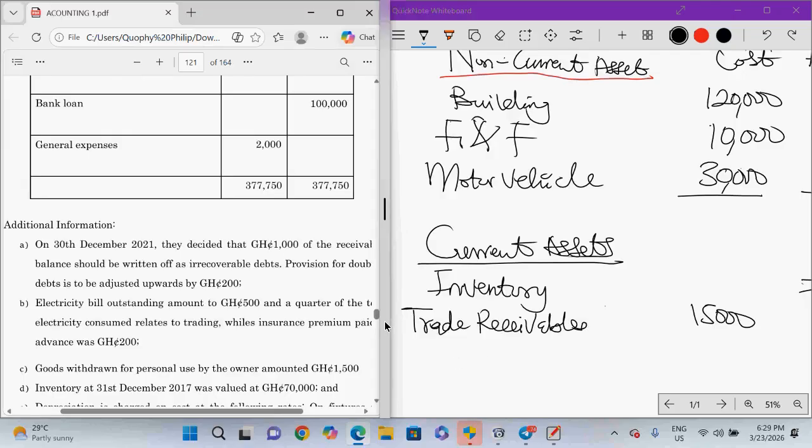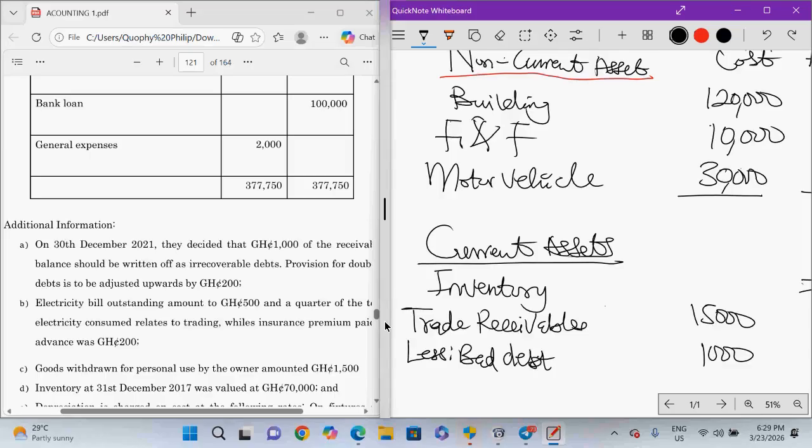The second is to lessen it from the trade receivables. So deducting the bad debt figure, what do you have? The bad debt is how much? 1,000. Okay. What else?